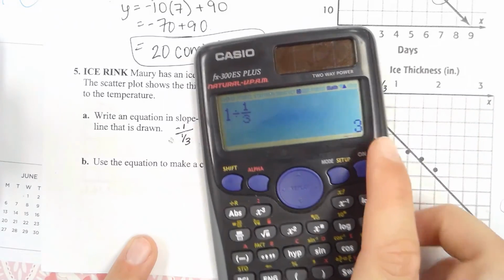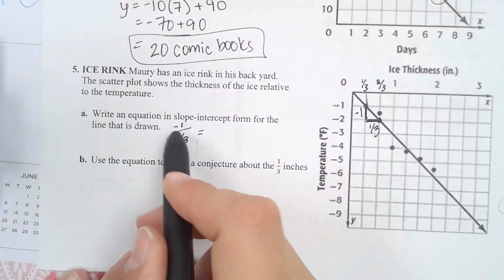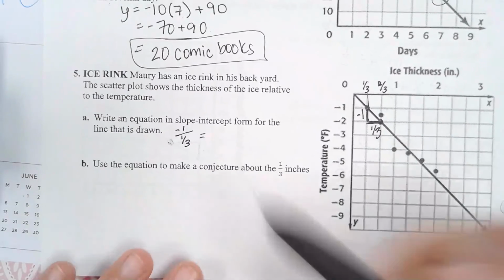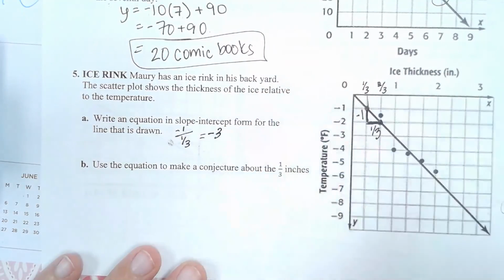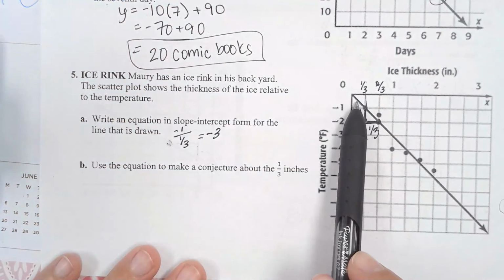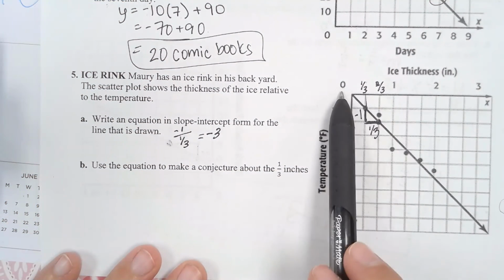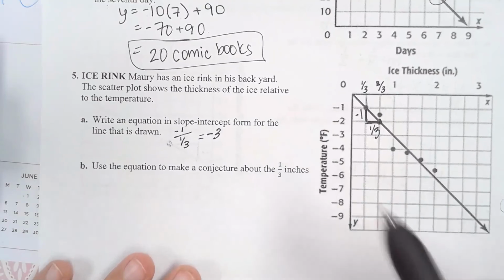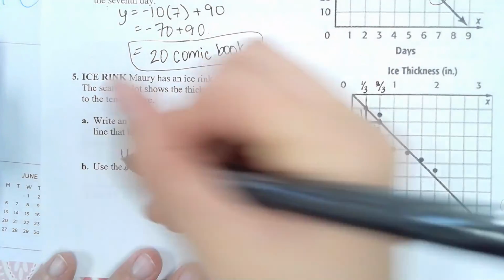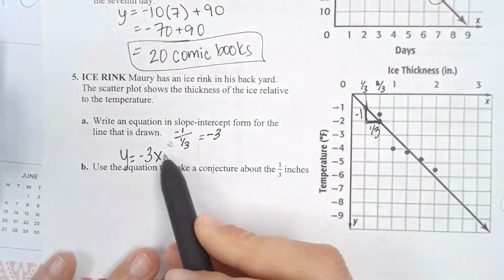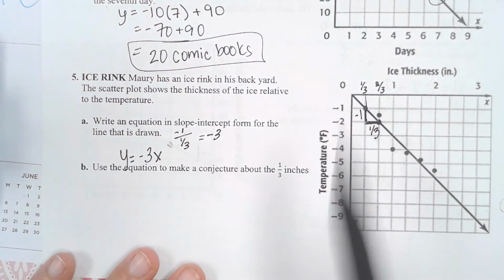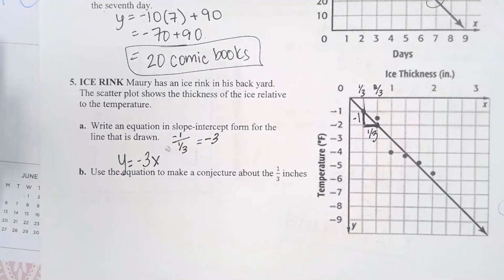Okay, and it is negative because I did have a negative sign. So -1 over 1/3 is the same thing as -3. And notice how my y-intercept crosses through 0. So my equation here is just going to be y equals -3x. Because I don't need to put the plus 0 because that plus 0 doesn't mean anything if it does cross through the origin here.